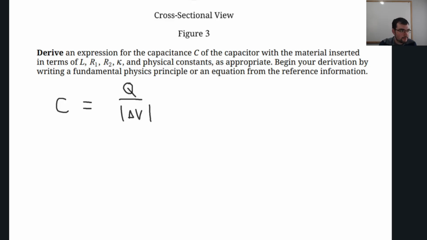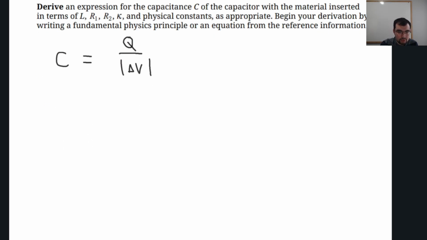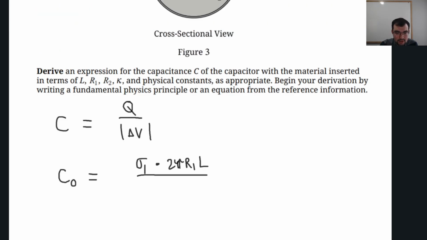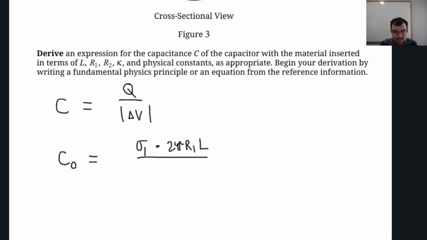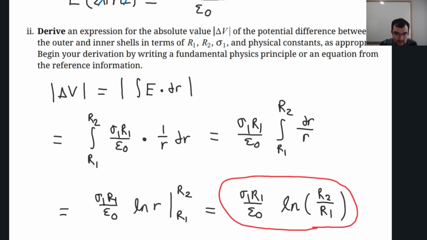So what I'm going to do first is not incorporate the dielectric, because it's really easy to translate if we know what it does in a vacuum first. So C, without a dielectric, is just going to be the charge on one cylinder, which we said was sigma 1 times 2 pi R1 L. And then the magnitude of the potential difference is going to be whatever we did in the second part of that derivation. So I actually have to check back and see what it is.